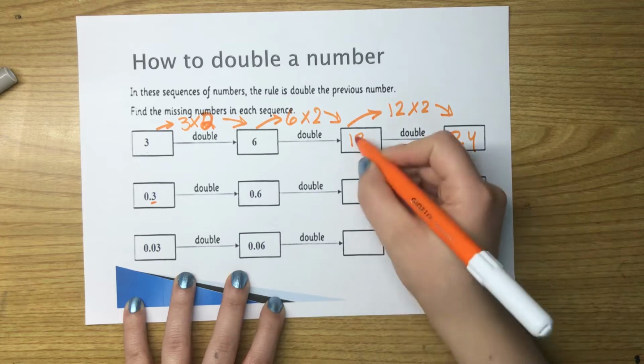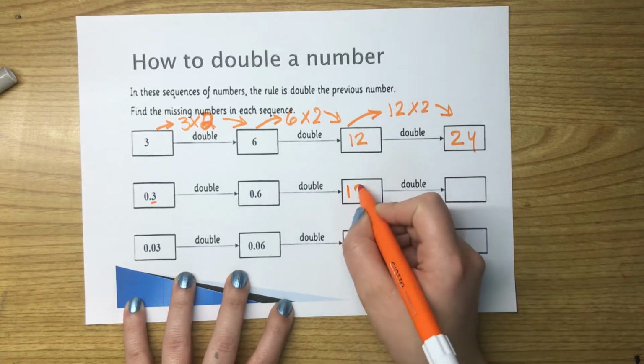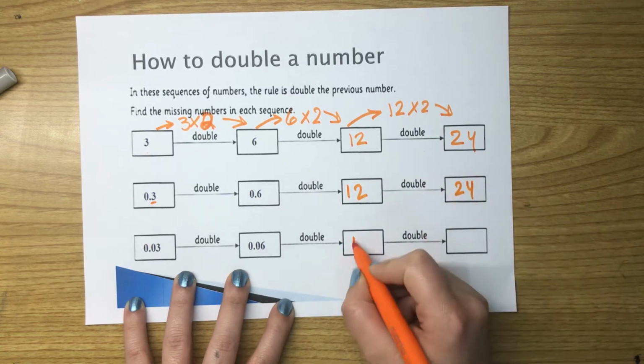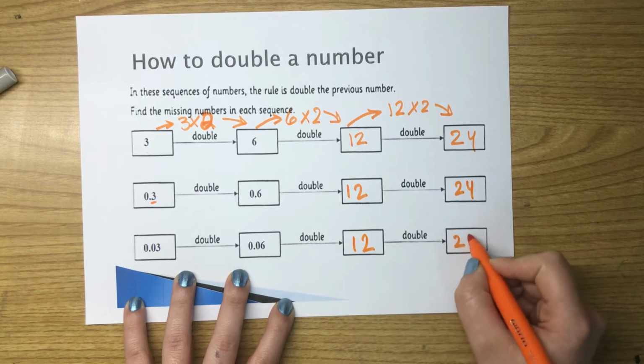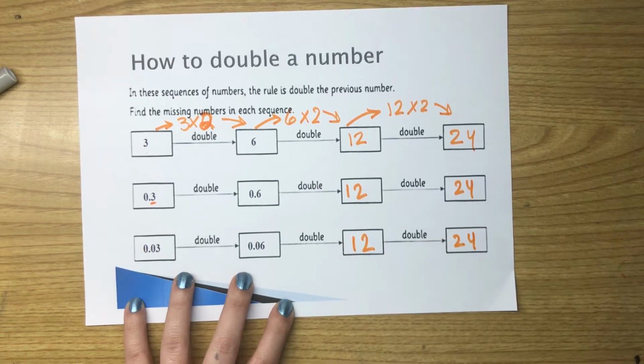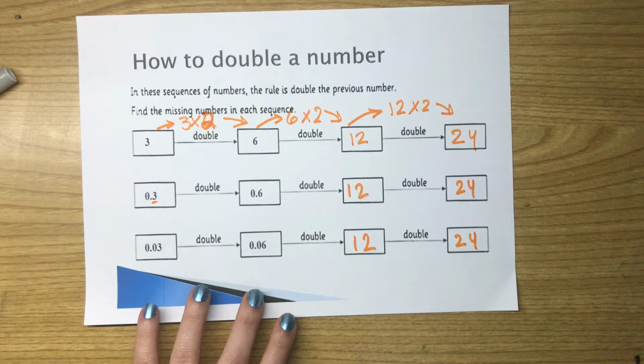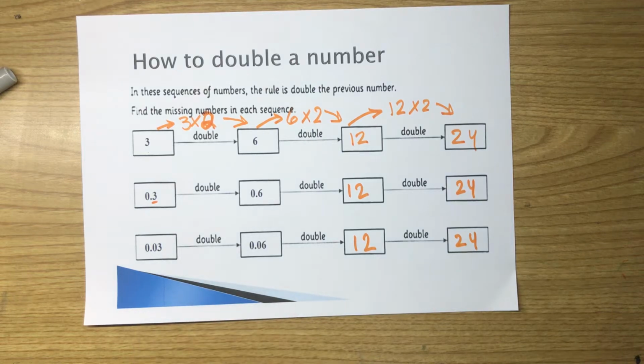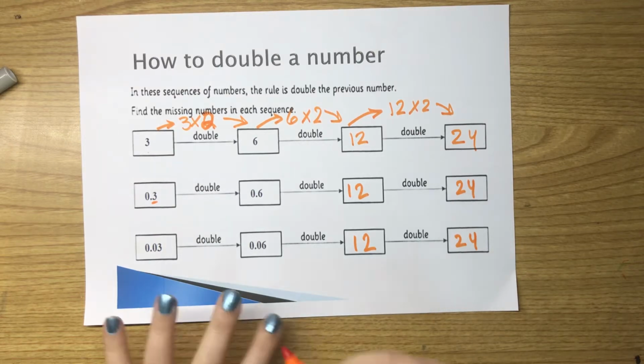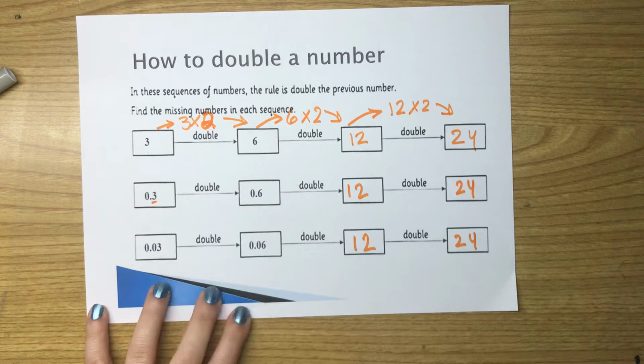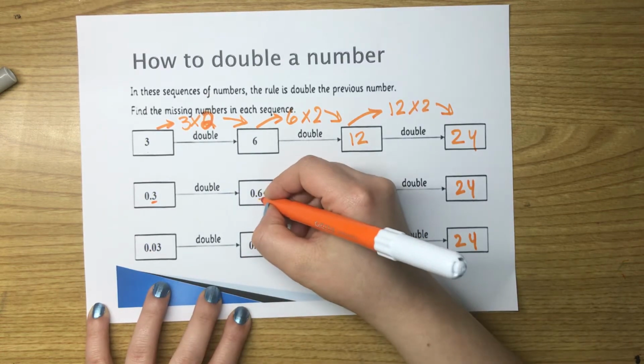wholes. Okay, I'm going to rewrite these numbers, 12, 24, for the same places. But in this case you have to make sure where the place for the decimal point is for each sequence. There is only one place in the sequence for the tenths, so you have to keep it this way.